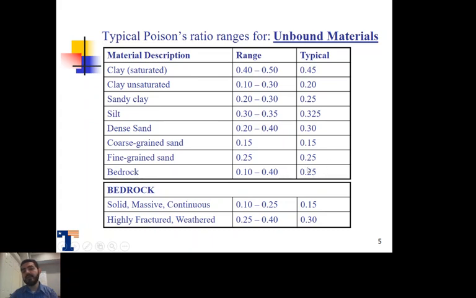That's why the Poisson's ratio will be 0.25, getting very close to the concrete material actually. For bedrock, again, it really depends if it's solid or massive or continuous bedrock, so it's 0.15, and if it's highly fractured or weathered bedrock, it's 0.3. That's why we have this range from 0.1 to 0.4.